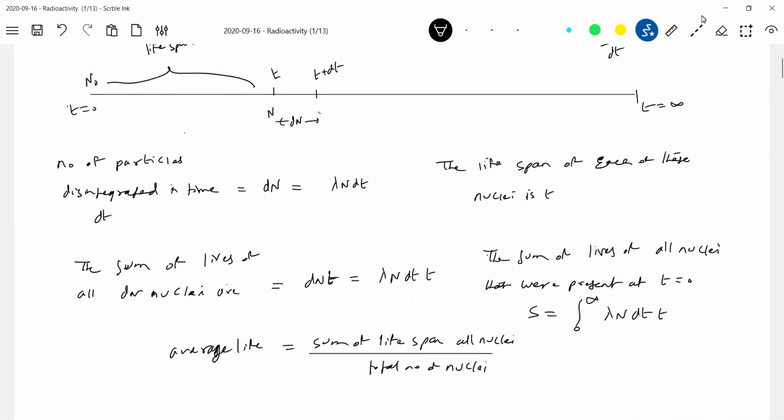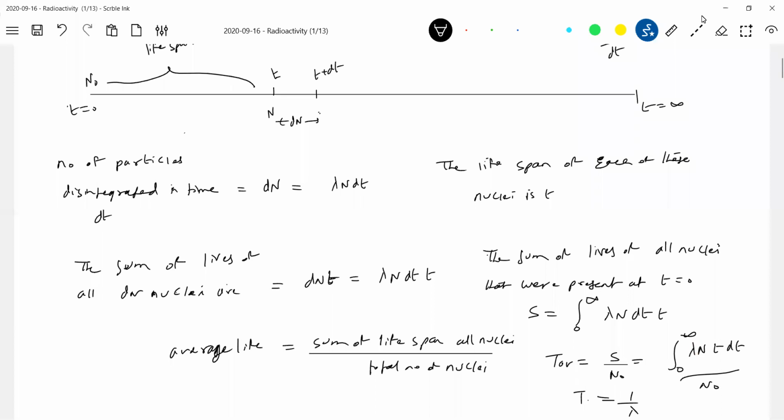It is there in the book, the same thing, I'm just writing it. When you solve this, integral of lambda N t dt from 0 to infinity divided by N naught, you'll end up with 1 by lambda.